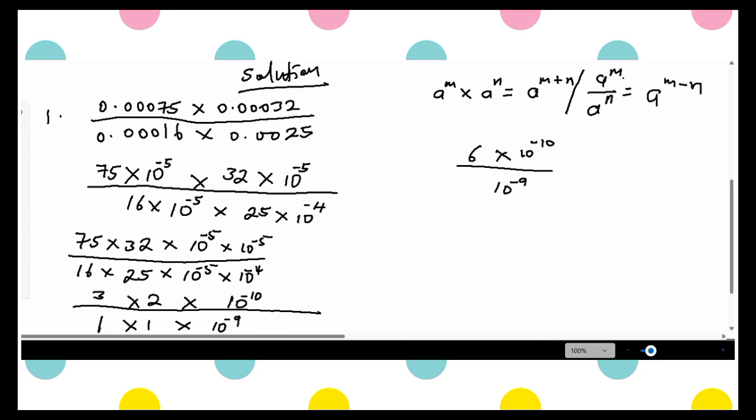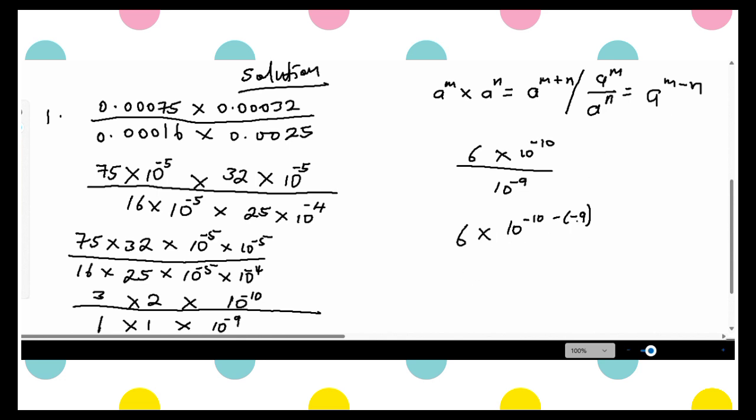So applying the rule of indices, we say that a raised to the power m all over a raised to the power n is equal to a raised to the power m minus n. We're going to have 6 times 10 raised to the power minus 10, then minus minus 9.